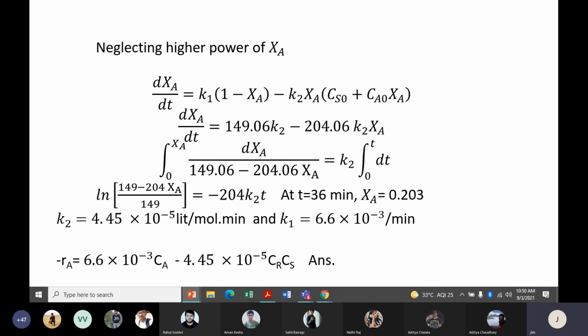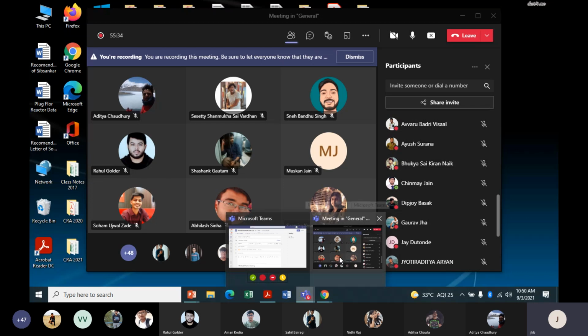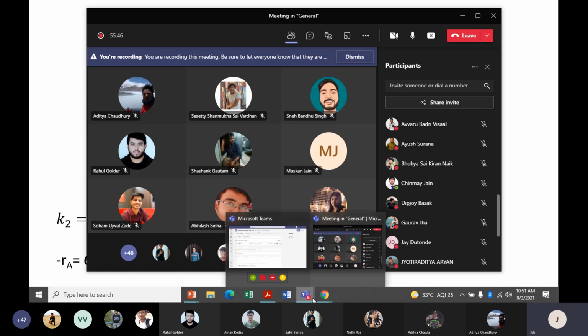Batch reactor volume is easy to find out, and in all these cases you are applying the mole balances, nothing else. If you don't have any question, then I have to leave now. Do you have any question?